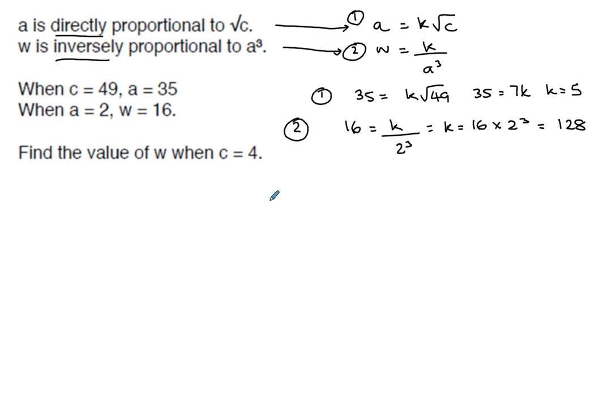Okay, yeah, so let's rewrite it. So we've got 1 again, A equals 5 square root of C, and 2, W equals 128 over A cubed. Okay, so these are what we're going to work with.